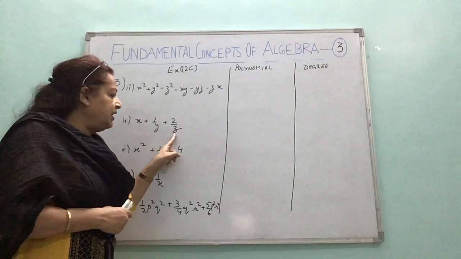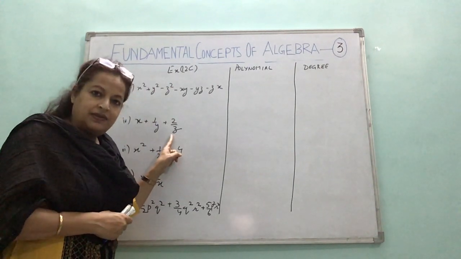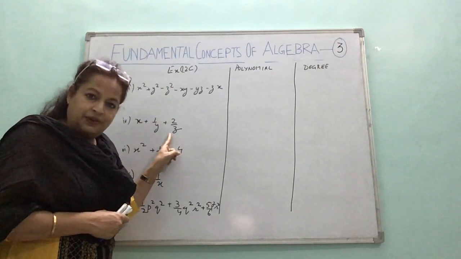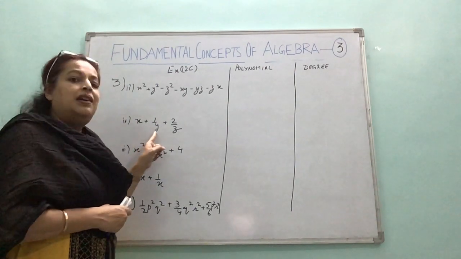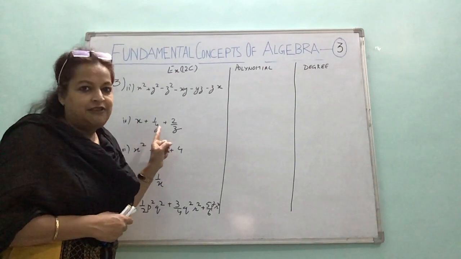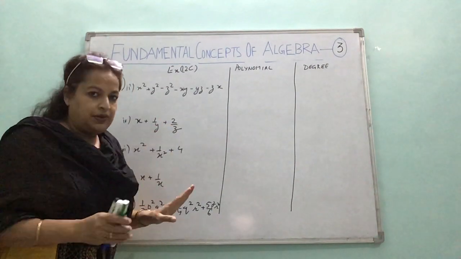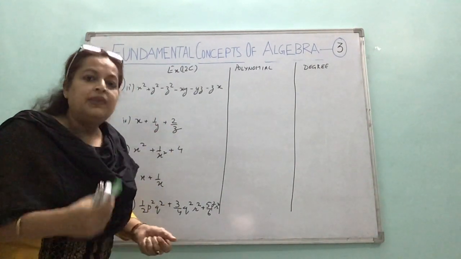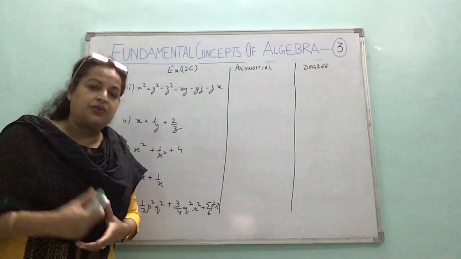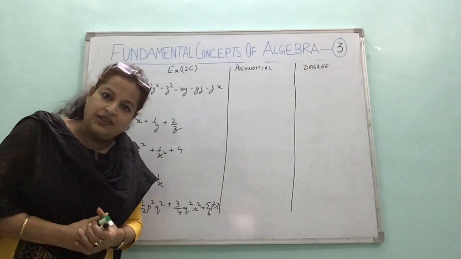If the alphabet is in the denominator, then it has negative power, even if we don't write it here, and then it is not a polynomial. Just remember for the time being, there will be certain rules which will be taught to you in your higher classes. You will understand better.